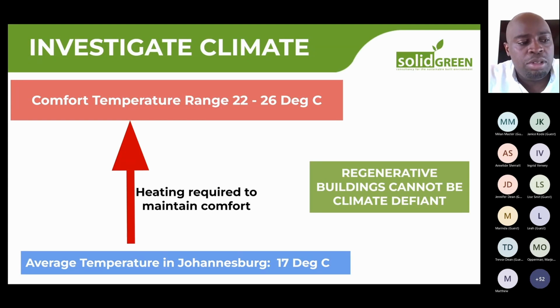So that's a segue into when we look at the opportunities of climate, and I've just used Johannesburg here because I think Francois will talk a bit more about this in detail. If we look at Johannesburg, the average temperature is 17 degrees, right? So if we have a comfort temperature range between 22 and 26 degrees, that means that across the whole year your net energy is in raising temperature and not lowering it.